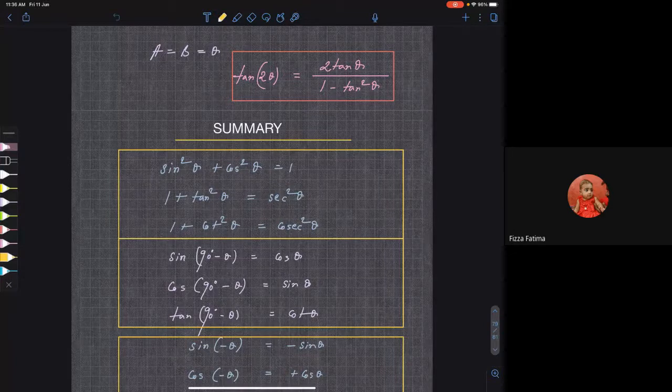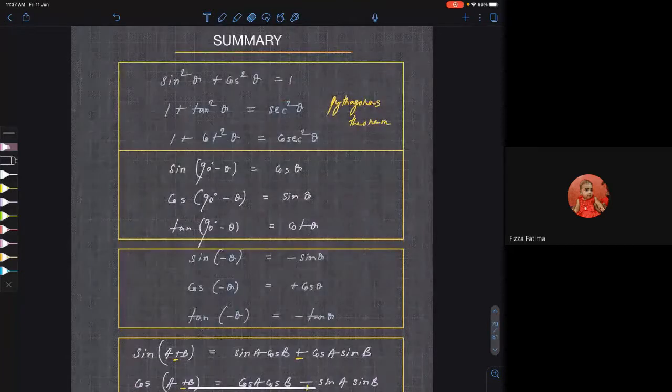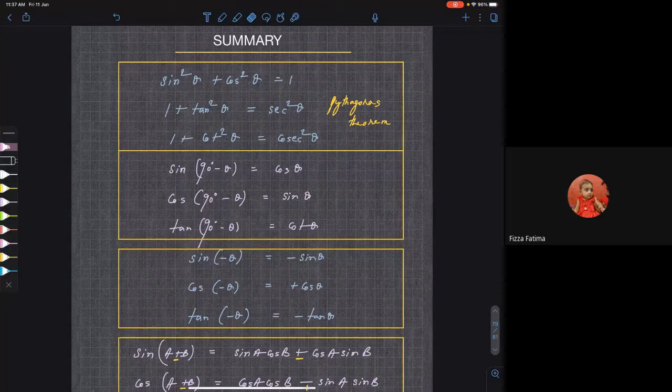So, these are from Pythagoras theorem. And all the rest of the identities we got after doing some analysis on trigonometric ratios.